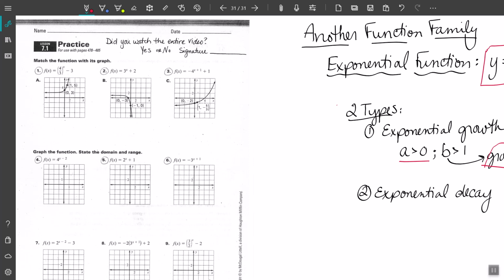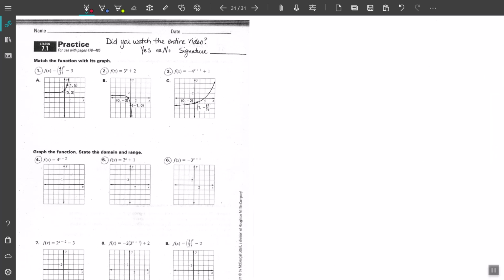So let me get rid of this ink on the other side. And I'm going to come over here and make a table for number 1. So f of x equals 4/3 raised to the x power, and then we're going to subtract 3 from that.